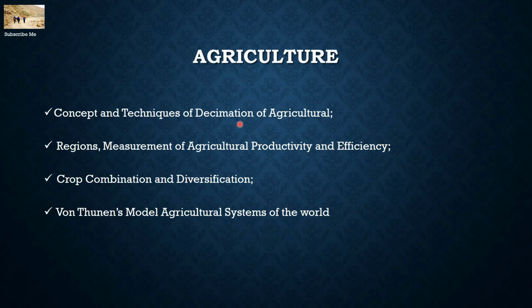In agriculture, basically the concepts and techniques of delineation of agricultural regions, which include measurement of agricultural productivity and efficiency, crop combination and diversification, and von Thunen's model of agriculture, which explains the different agricultural systems of the world and how they are adopted in different areas.